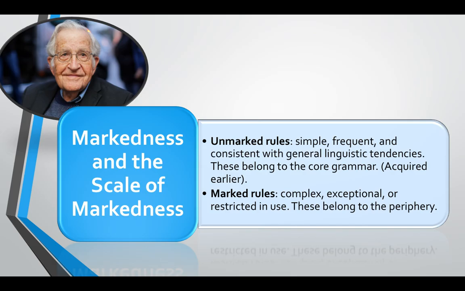Whereas the marked rules are the complex rules, the ones which happen rarely in everyday life, and they are exceptional. So for example, apple, apples, banana, bananas, woman, women, man, men. So there are some exceptions.